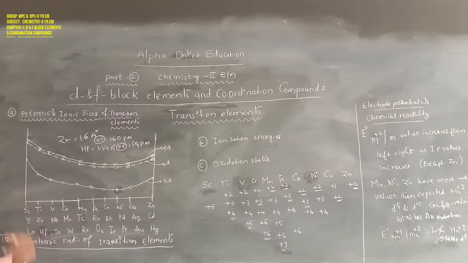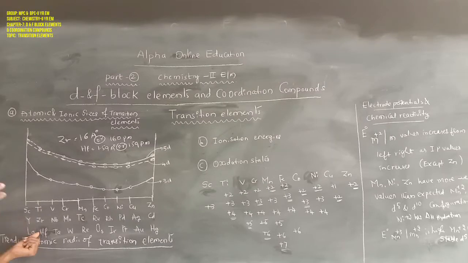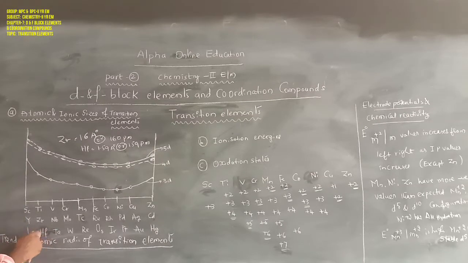That's why its size is also smaller. What is meant by lanthanide contraction is that the differentiating electron enters the n-2 f orbitals, and while the atomic number increases, the atomic size of the elements gradually decreases. Because of lanthanide contraction, hafnium also has a smaller size.